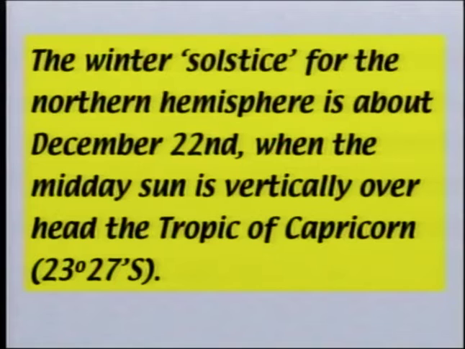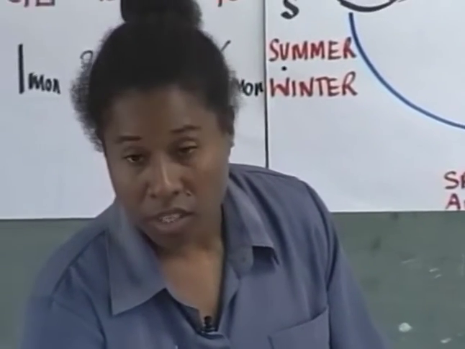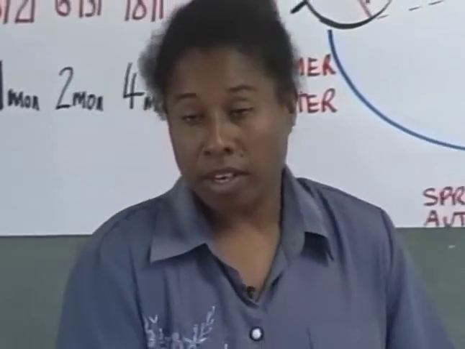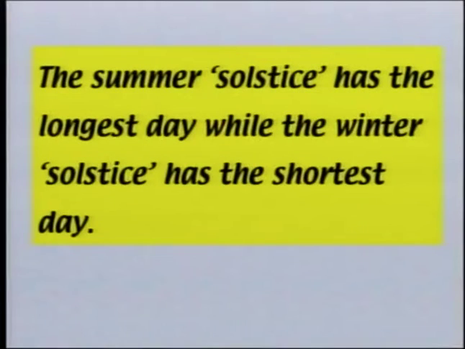Okay, we've made note of that information. Okay, good. Okay, that's not all. Finally, the summer solstices has the longest day, while the winter solstices has the shortest day. And that's the last bit of information that will go together with the information on equinox and solstices.